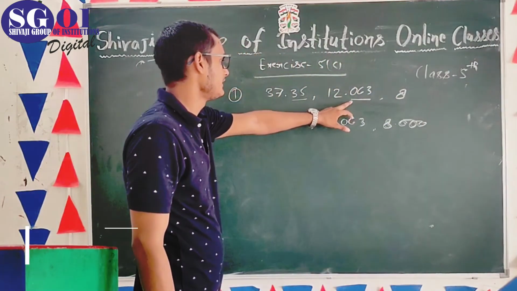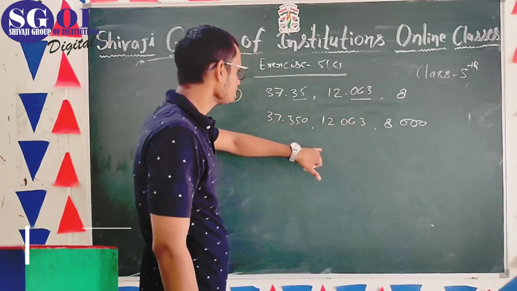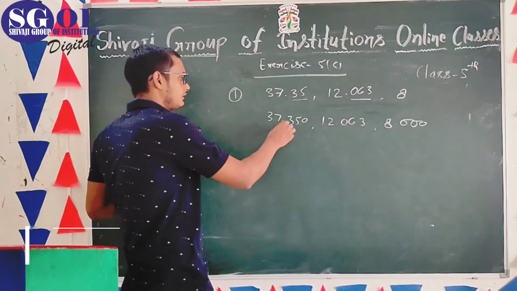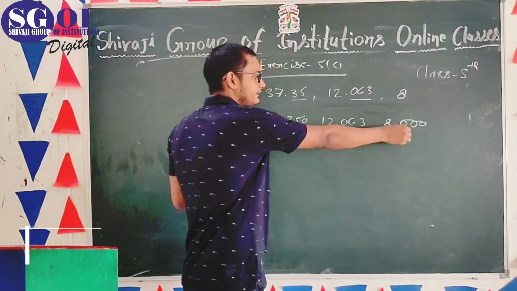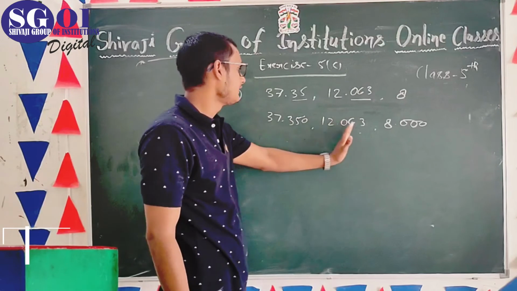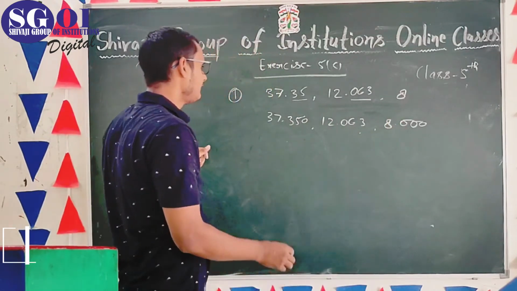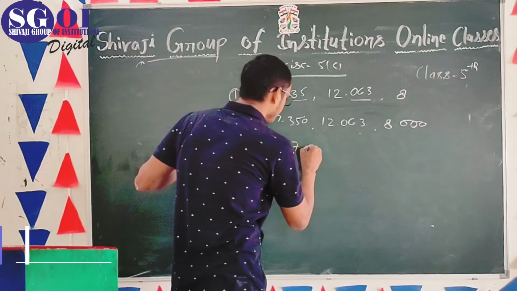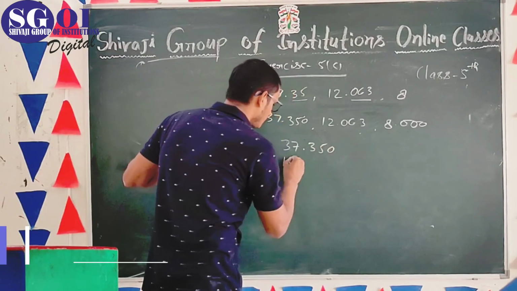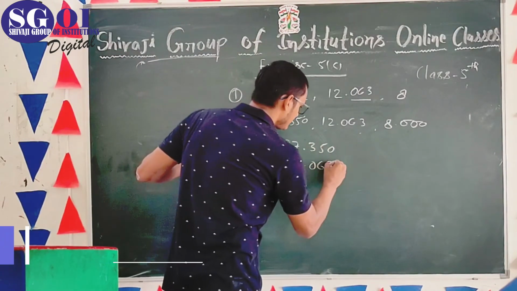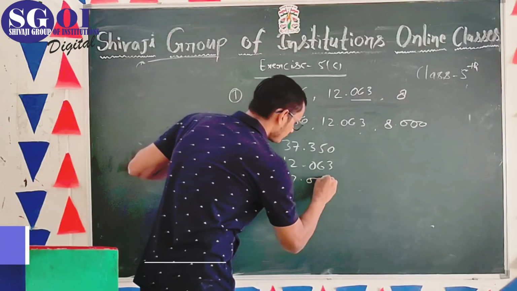The number of decimal places is 3. Now these are like decimals. Now add 37.350, 12.063, 8.000.